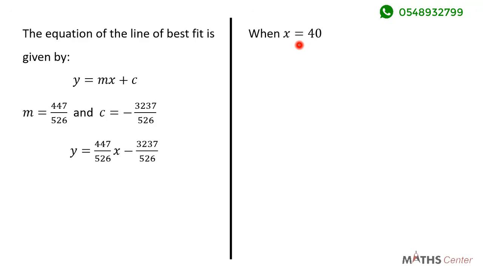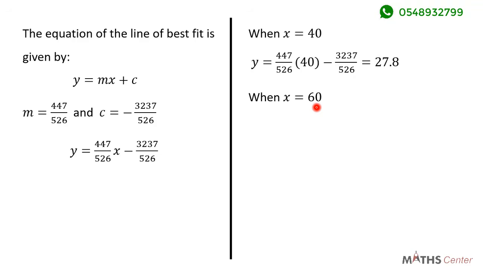When I choose x equal to 40, to get y, I will substitute it into the equation here. So y will be equal to 447 divided by 526 times 40 minus 3237 divided by 526. And this gives us 27.8. I'll choose another value for x because I will need 2 points that fall on the line.